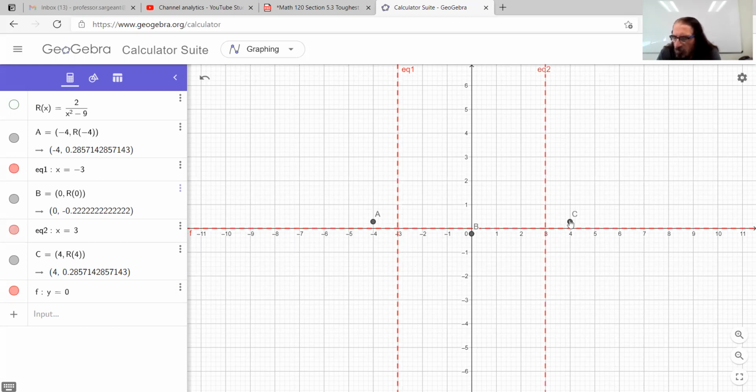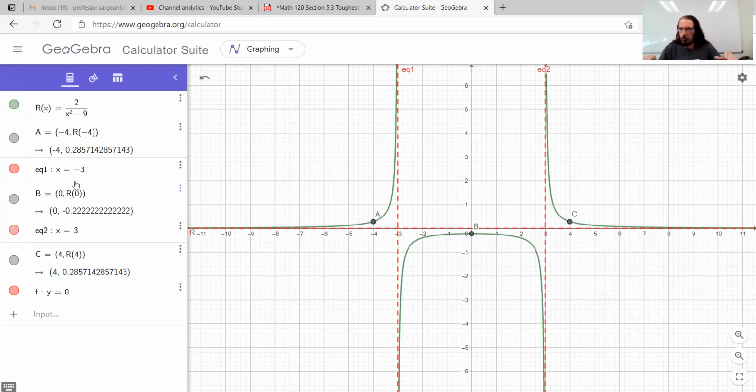And then over here, since this is positive, we should expect to see negatives over here. We're probably going to see something like this on the outside, and inside something like this. Notice that we're not crossing the horizontal asymptote of y equals 0. And when we go to the far left and the far right, y values are getting closer to 0. Looks like from the positive side there.